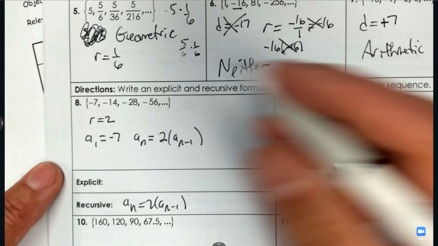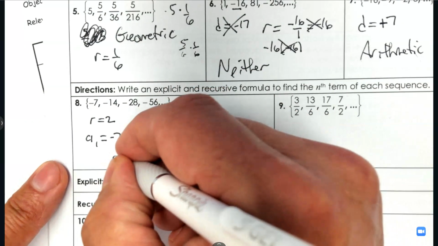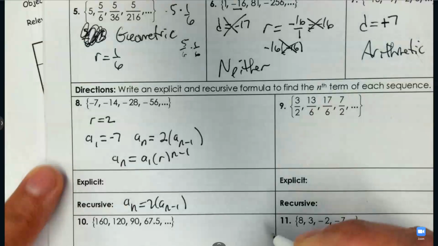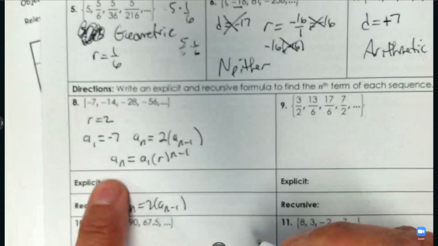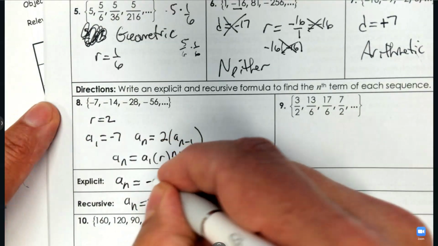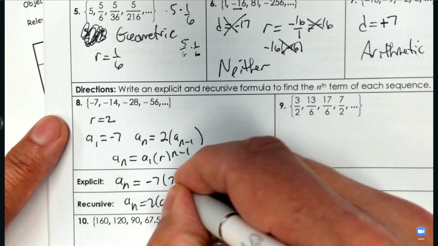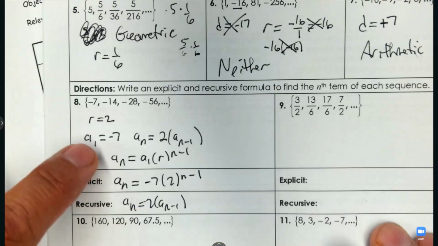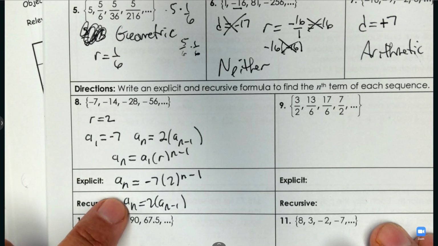An explicit one requires the geometric formula, and the geometric formula is a1 r to the exponent n minus 1. So in this equation, an, a1 again is negative 7, r is 2, and then the exponent is n minus 1. So this is explicit, and this is recursive.